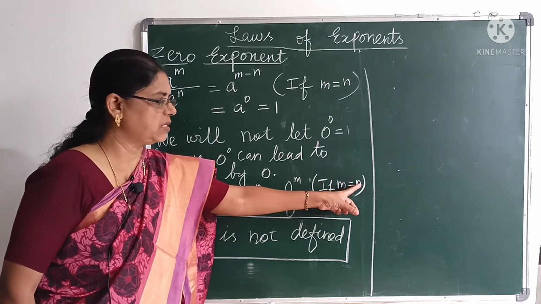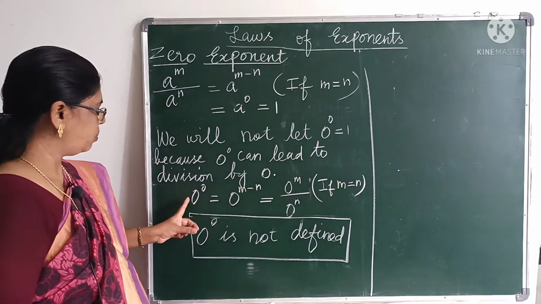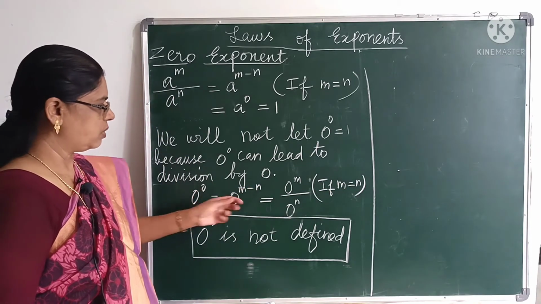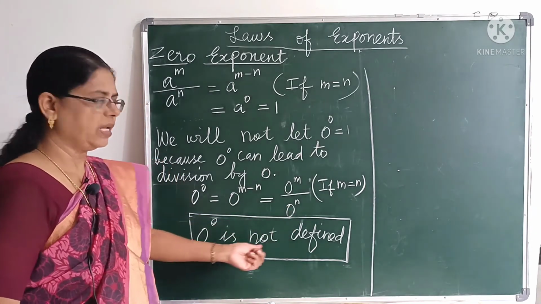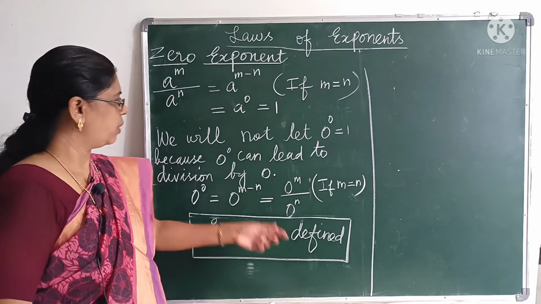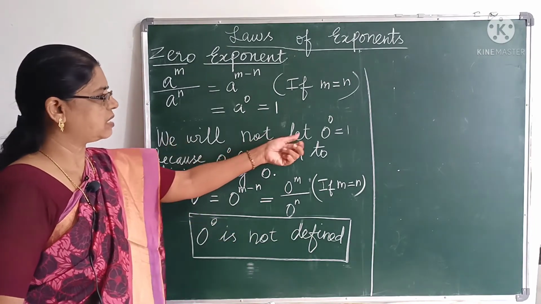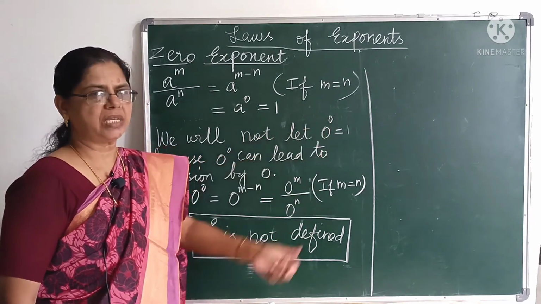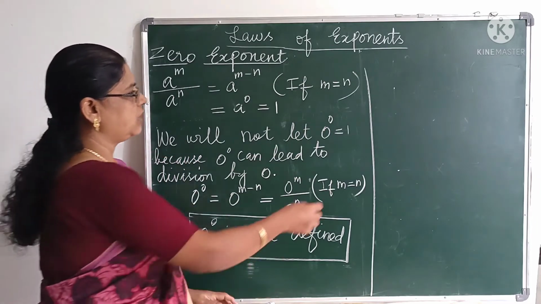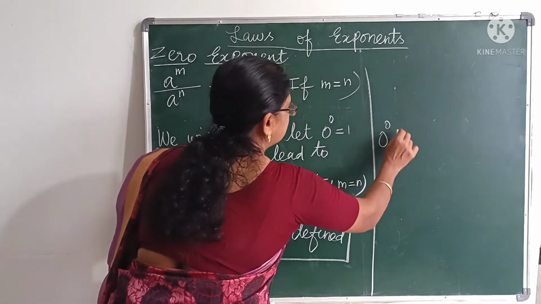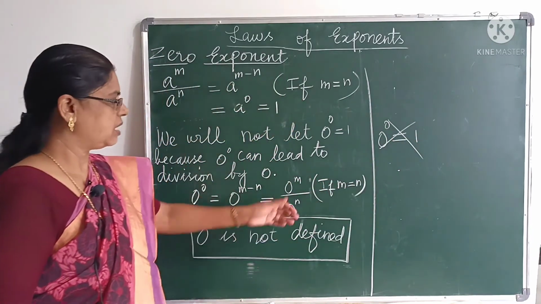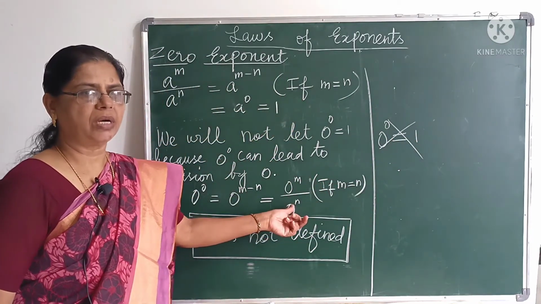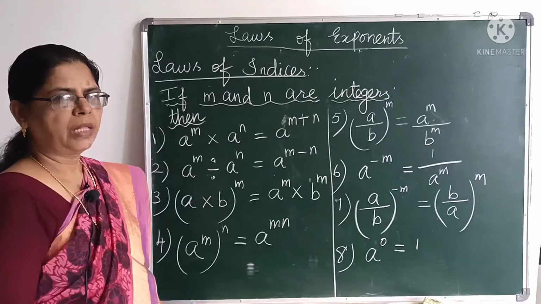If m is equal to n, the answer is going to be 0 power 0. Here, division by 0 is not yet defined. That is why we will not let 0 power 0 be equal to 1. In other words, you cannot say 0 power 0 is equal to 1. You can't say it because division by 0 is not yet defined.